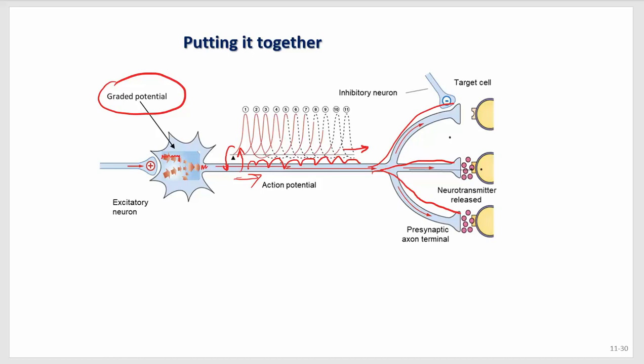Here you have a presynaptic inhibitory neuron that says, nope, not you, you're not going to do it. So there you've got inhibition and then neurotransmitter release. And that's the way it all works. That's the action potential. And then we'll talk about the synapses later.